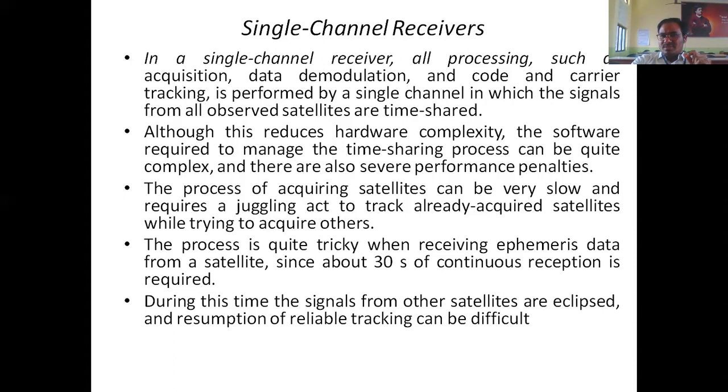So during this time, the signals from other satellites are eclipsed, and the resumption of reliable tracking can be a very difficult process. This is the disadvantage. Of course, the advantage is cost is less, complexity is less, hardware is less. But more software functionality is to be taken, and the juggling act when multiple signals are received also will occur.